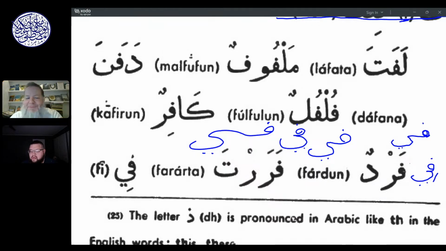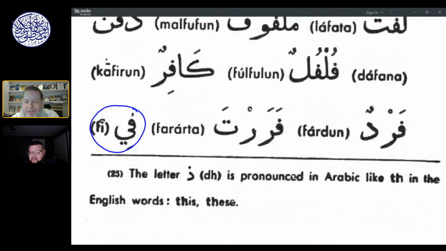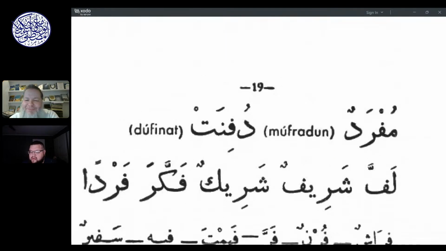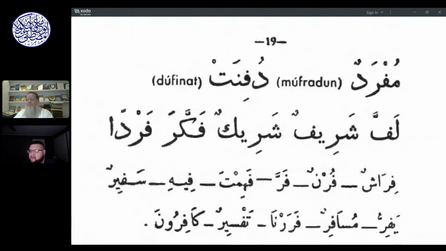It makes it a little bit difficult, but yeah. So what was this word? Fee. Fee is probably the second most used word in the Arabic language. It means in, for the most part.